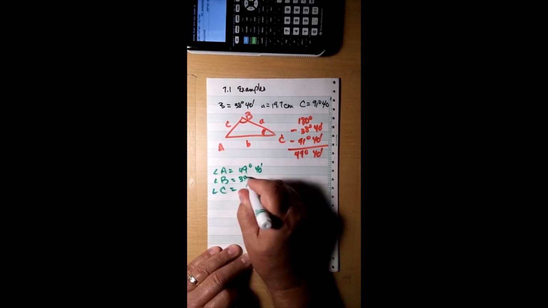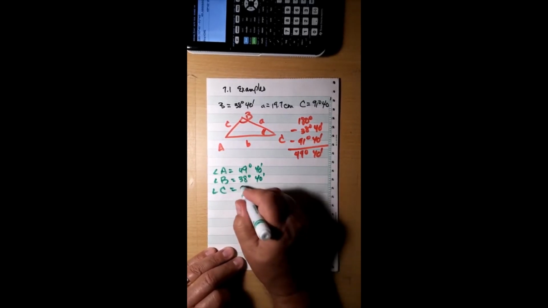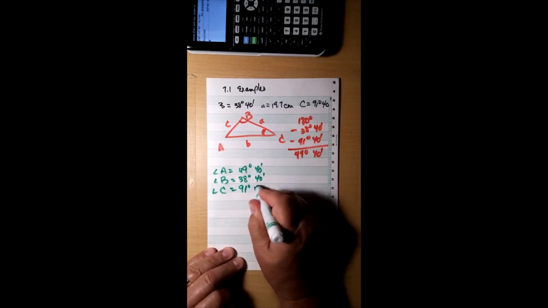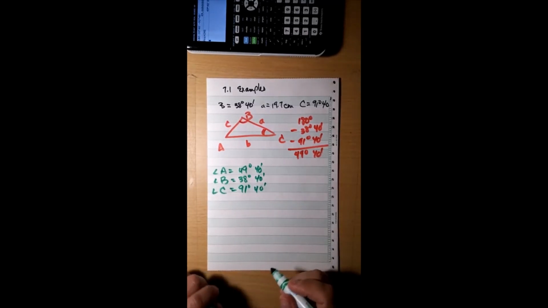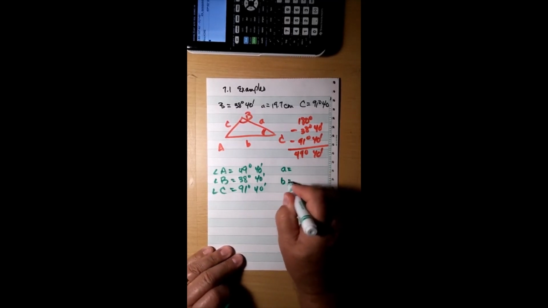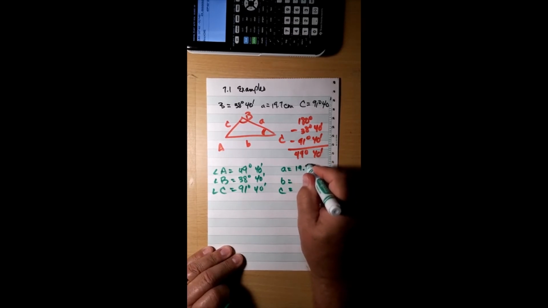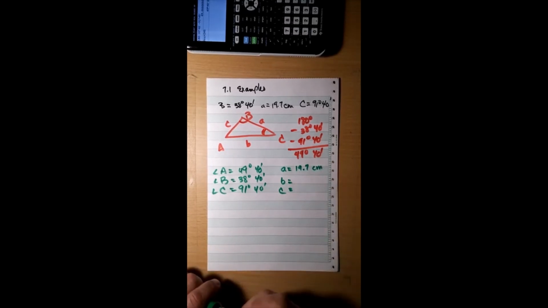Angle B is 38 degrees, 40 minutes. And angle C is 91 degrees, 40 minutes. Awful close to a right triangle. But now side A, side B, and side C. Side A is 19.7 centimeters. We've got to find the other two.